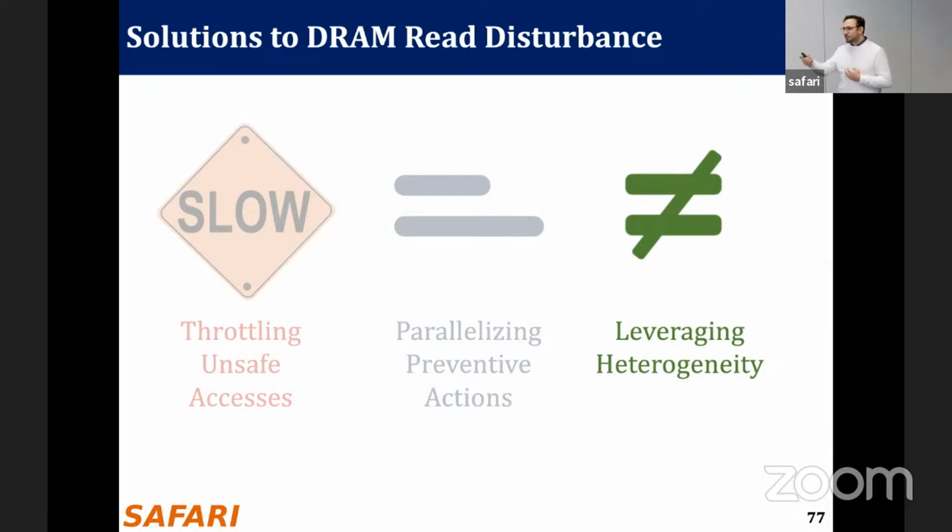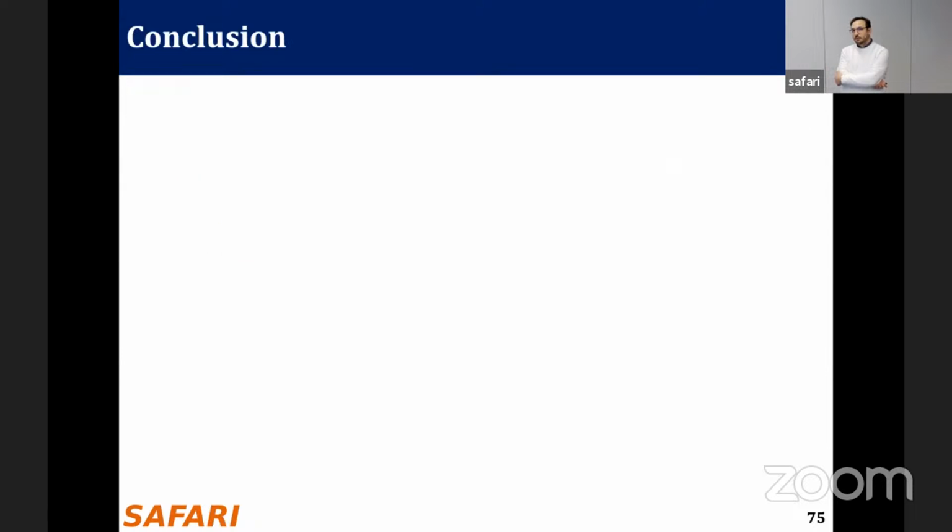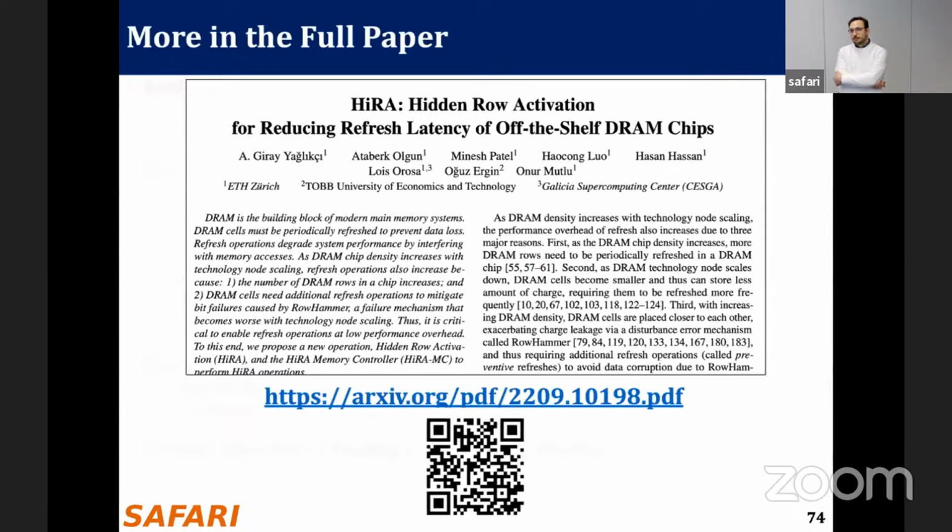Okay. So we can push back more. No. What I was thinking is that you need, I think, a lookup table or something, so if I'm going to refresh row A, I can also refresh row Z, right? So you need some table that you need to store that information. So what I have in mind is that those other mitigation mechanisms, maybe you can pair those things.